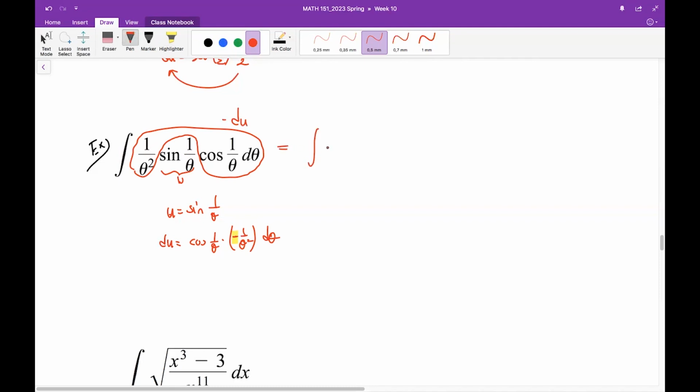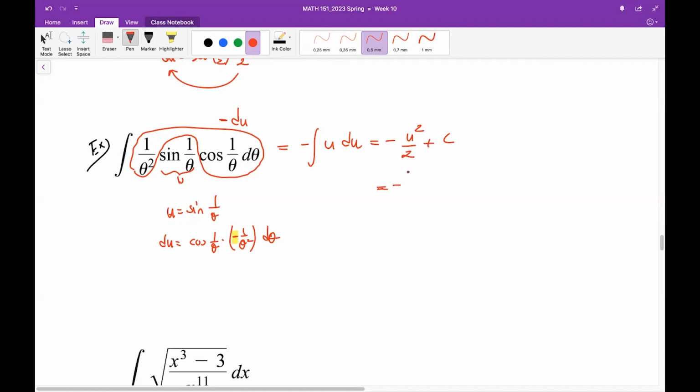So let's rewrite the integral in terms of u and du. You see, it is in fact in this very simple form. It is minus, coming from the minus here, minus u du, which is a very simple integral for us. It is a power function, add 1 to the power, divide by the same power. And plus c, because it is an indefinite integral.